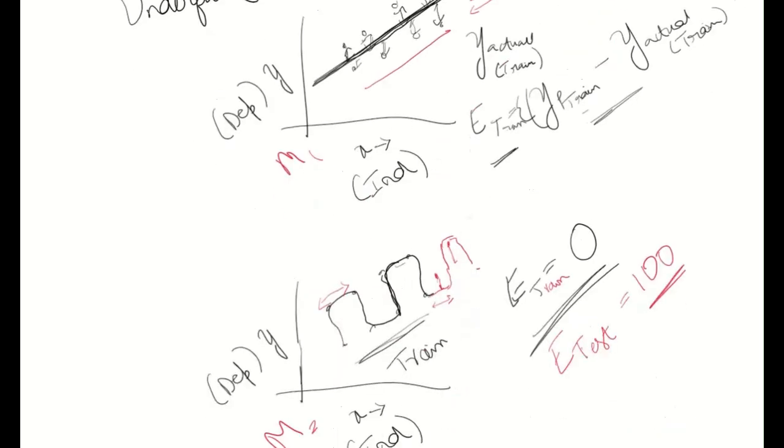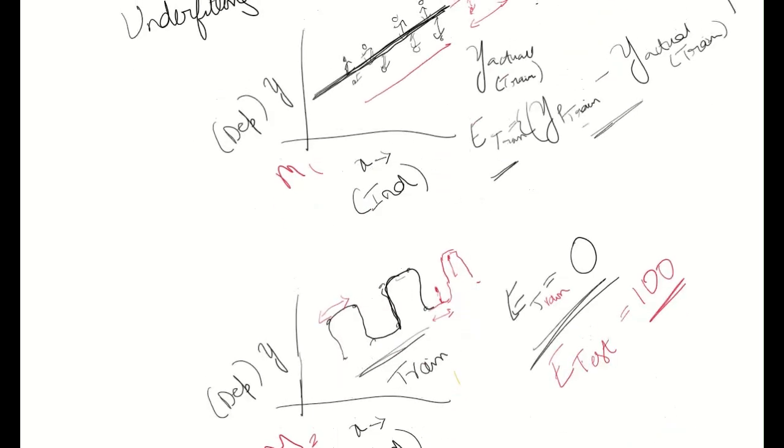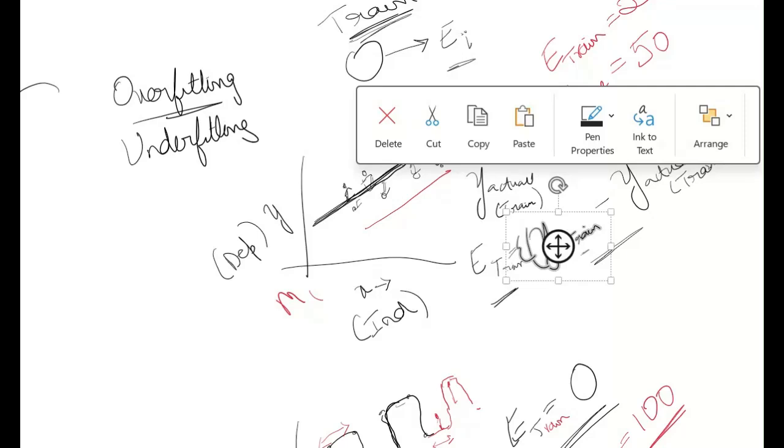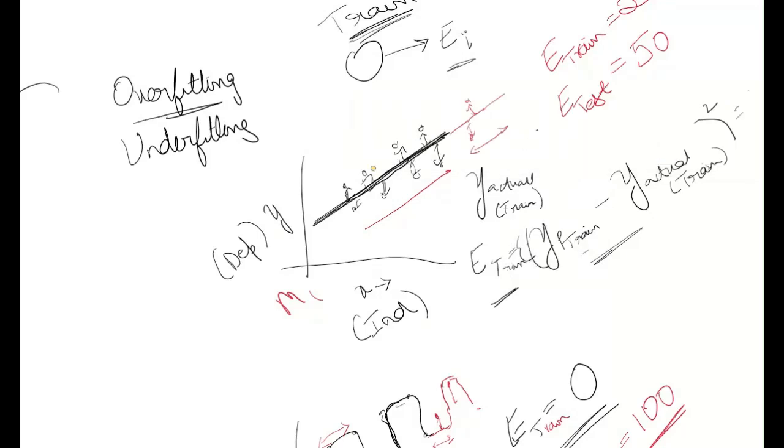So the variance here is very high. This is 100% variance on the training error or on the train data. But here there is some amount of variance that is getting lost. So let's take this as 50%.